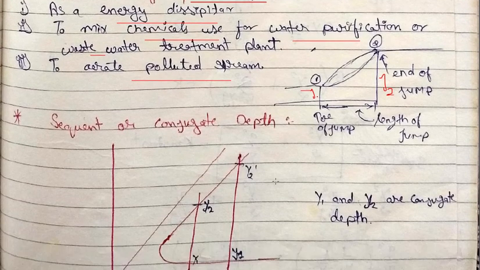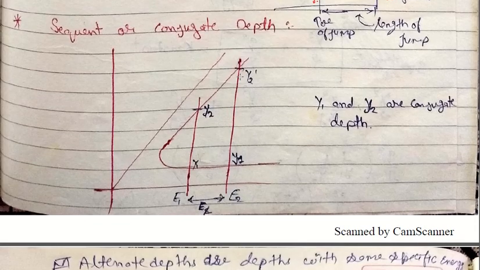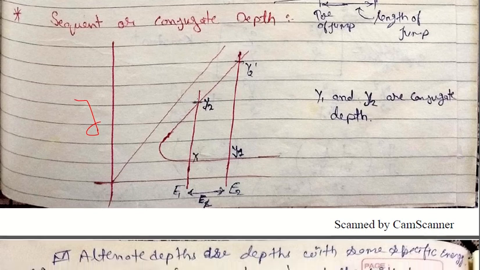Here the sequent or conjugate depths occur where the discharge is constant, and we draw a graph of depth versus specific energy. At a given specific energy it will give two depths, so they are called conjugate depths.